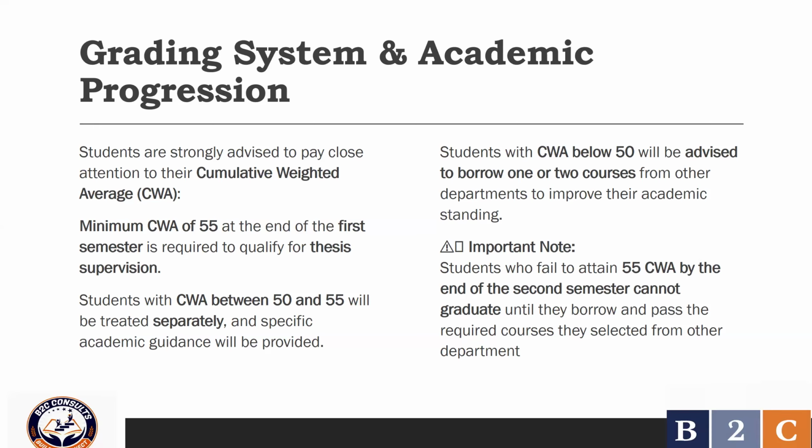The minimum CWA that you have to have before they can allocate you a supervisor to do your thesis is 55. Meaning that if you don't get the 55, they will not give you a supervisor. If you don't get a supervisor, how do you finish your project work and finish the school?